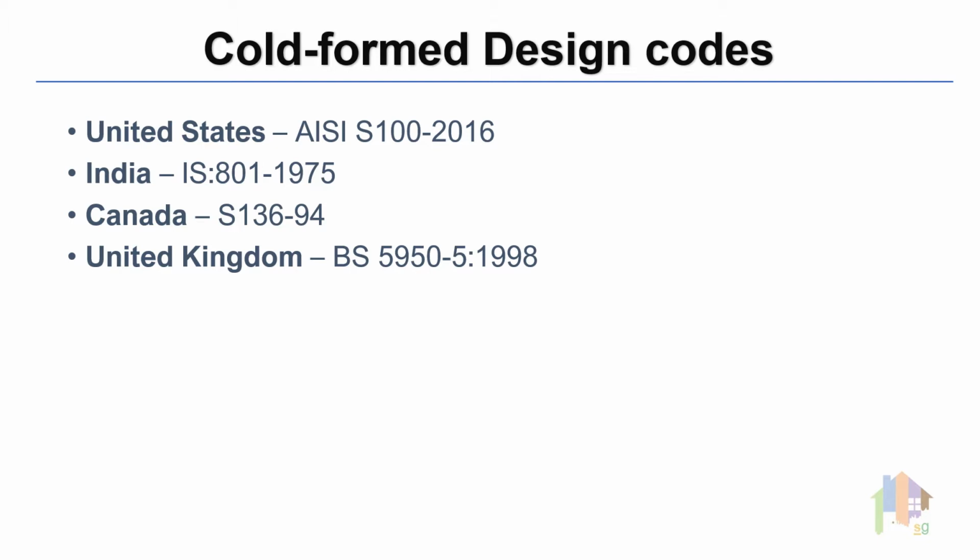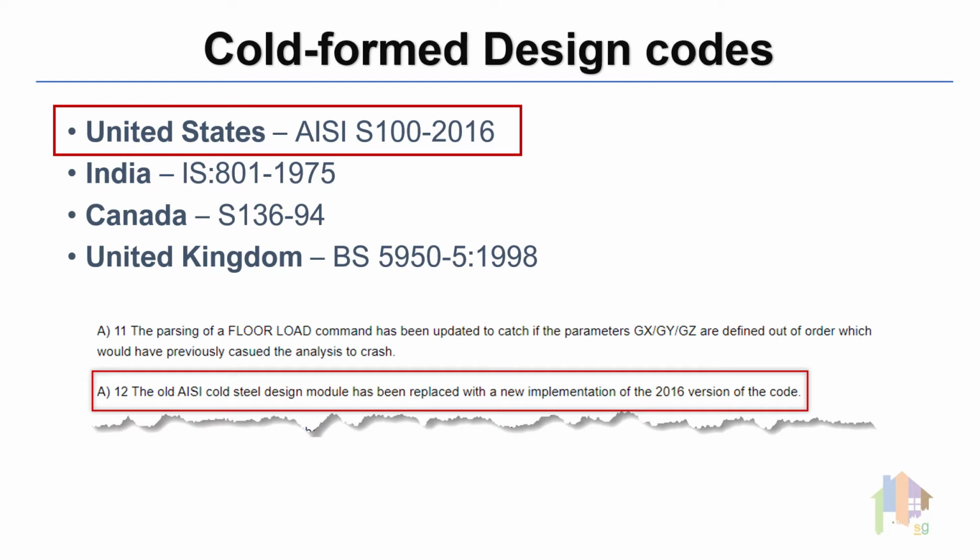Also, Canadian code S136 and British code BS5950 Part 5 are available, which can be used for cold form member design. In Connect Edition, the 2016 version of AISI code is implemented, and the 1996 version, which was previously available, has been discontinued.